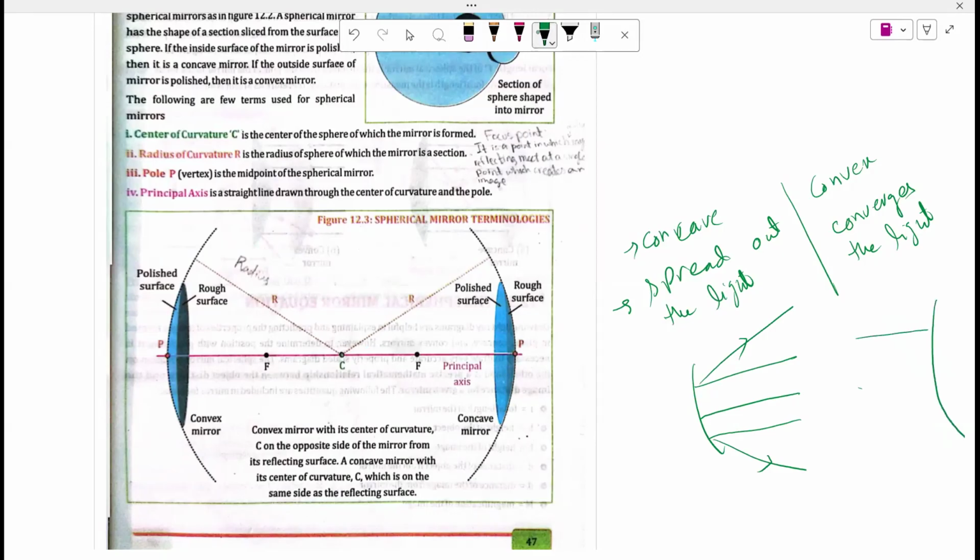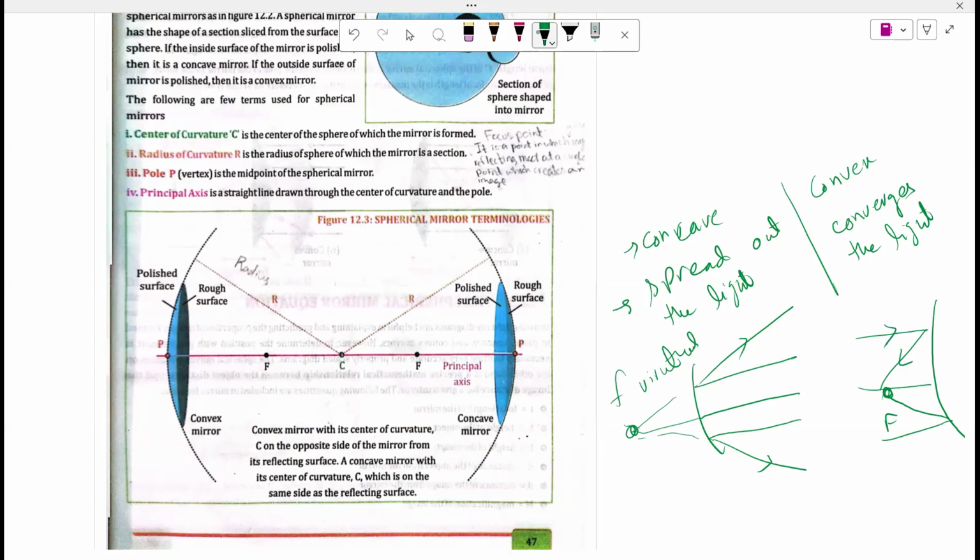So when the rays are coming towards it, it would converge it to a point. This is the focal point, sorry. When I would trace these light rays back, na, they would meet at a point. So it's a virtual point for concave and a real point for convex.